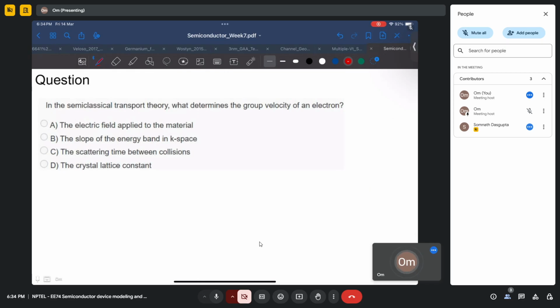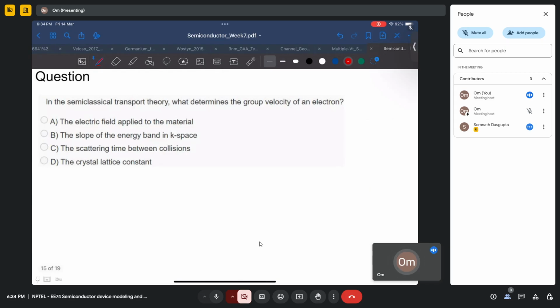In the semi-classical transport theory, the group velocity of the electron is determined by the slope of the energy band in k space. So if you have an E-k diagram like this, we know E is h cross square k square by 2m.